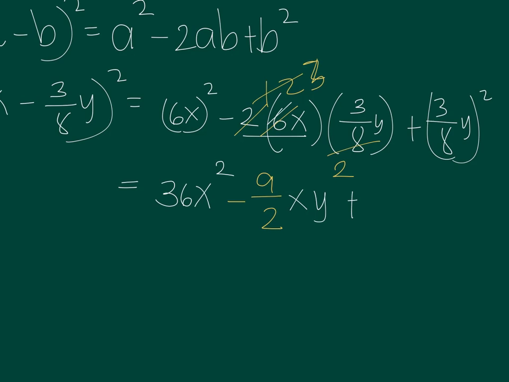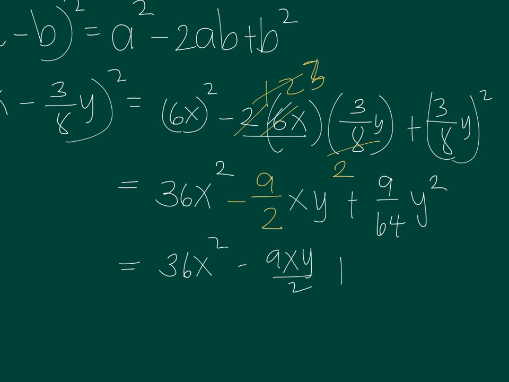And then square 3 over 8y, that's 9 over 64, and then y squared. So you could write your answer as 36x squared minus 9xy over 2 plus 9y squared over 64. Okay, and then, yeah, that's it. Those are the solutions to problems 1D to 1H.